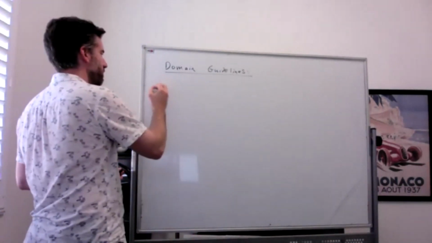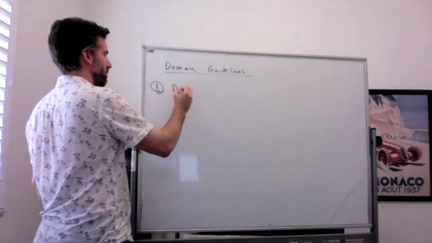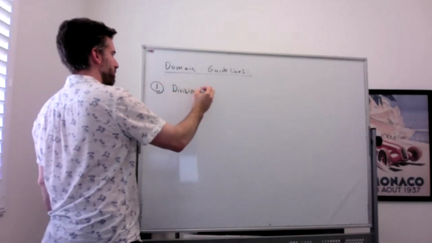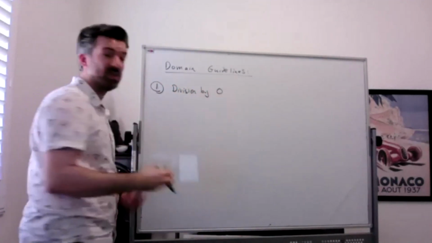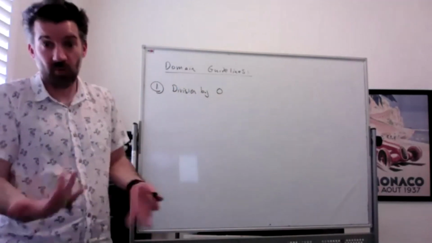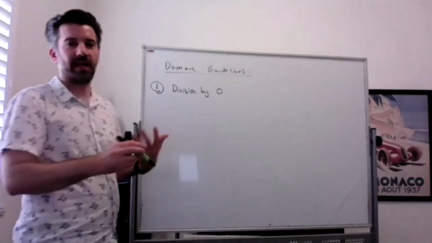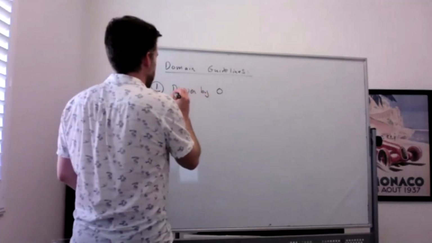So thing one, division by 0. We don't want division by 0, right? That's a no-no. It sounds terrible.